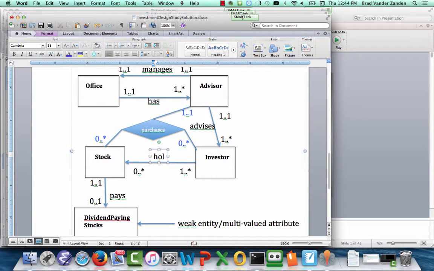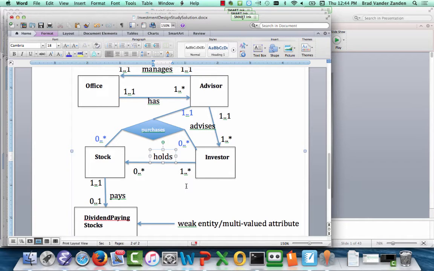holds stocks. So an investor holds 0 or more stocks, and a stock may be held by 1 or more investors. We assume that if the stock is not held by any investor, then we would not hold it in our database. It's just like a product we don't carry.